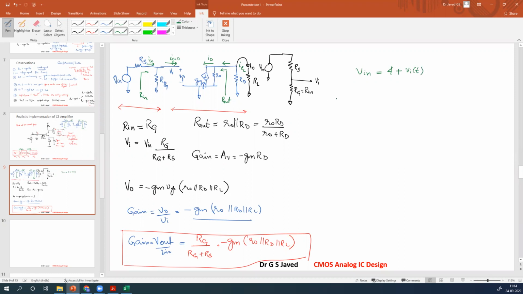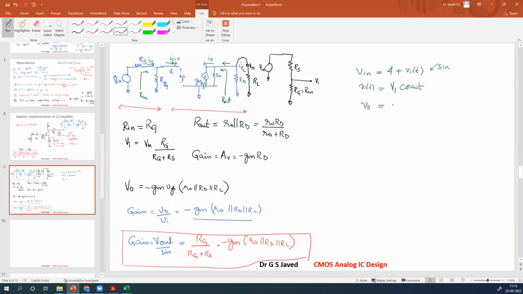And what do we call Vi of t? Let us call V in of t as V1 cos omega t, a sinusoidal or cosine signal that you can take. Now let us make V out.